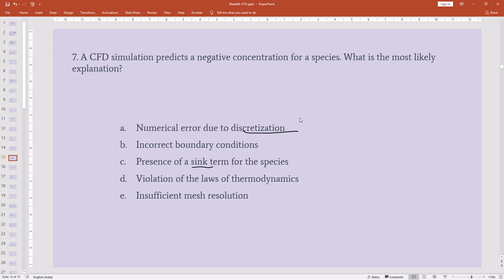Suppose for a whole domain we are discretizing and running it in a loop. A small error in discretization can create a negative value inside the domain. So the answer is not the presence of a sink term, but the most probable cause is the discretization fault.